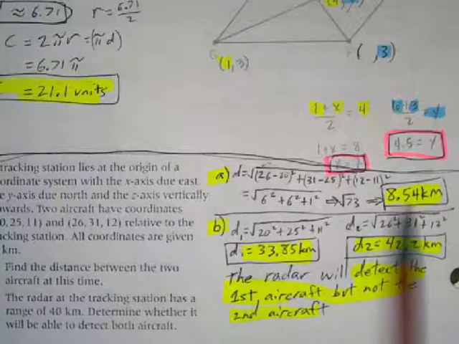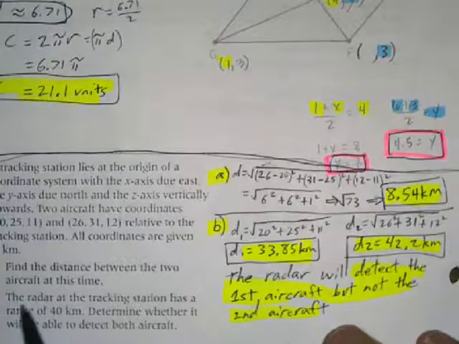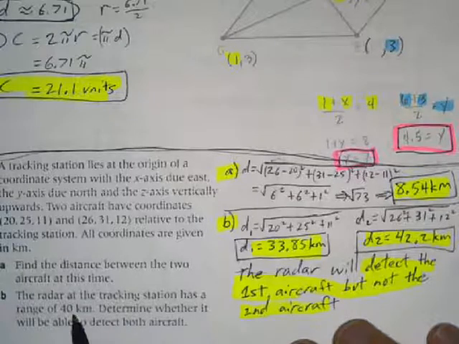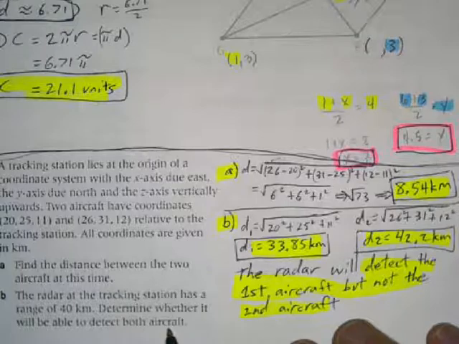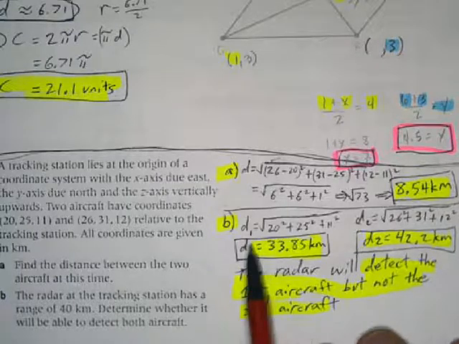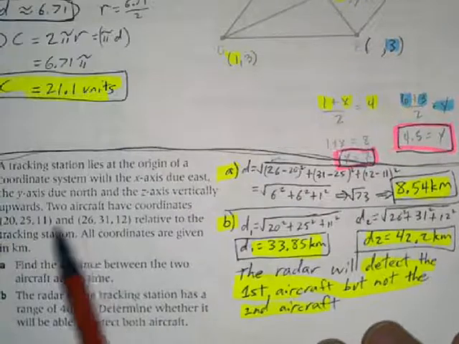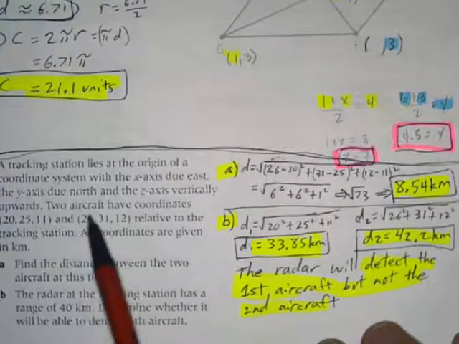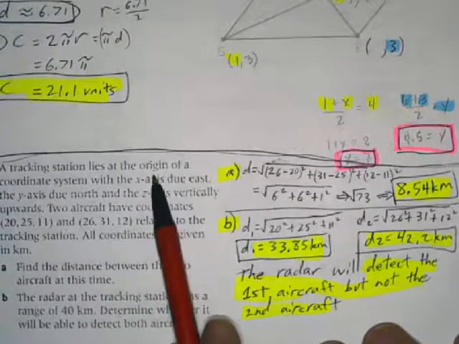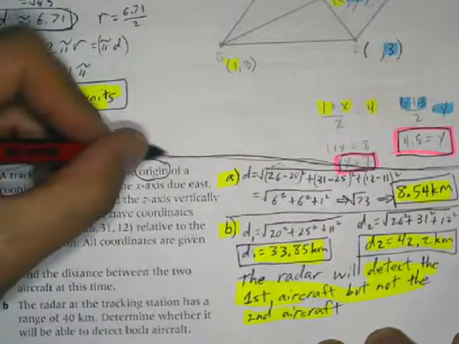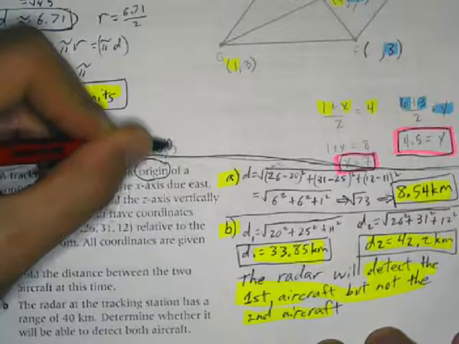Okay, question B says, the radar at the tracking station has a range of 40 kilometers. Determine whether you'll be able to detect both aircraft. So we need to figure out the distance from the tracking station to each plane. And the tracking station is at the origin. The origin, by definition, is always (0, 0, 0).